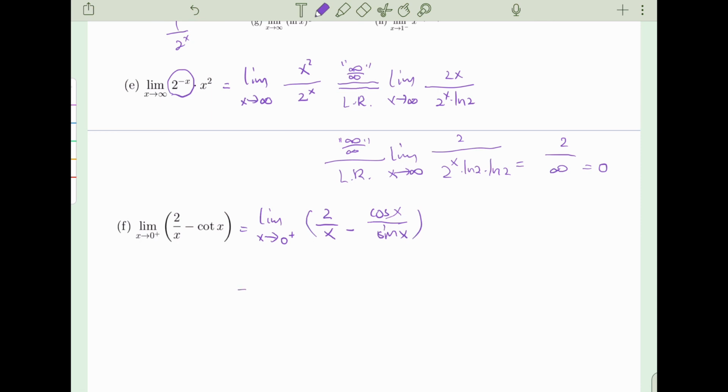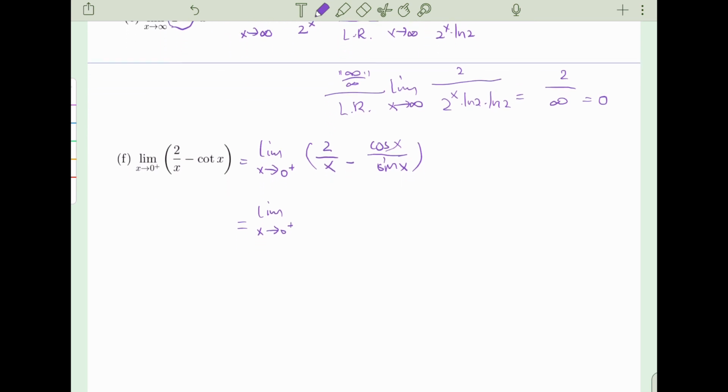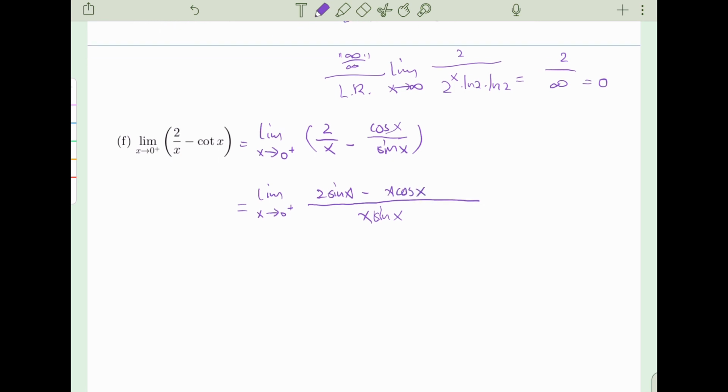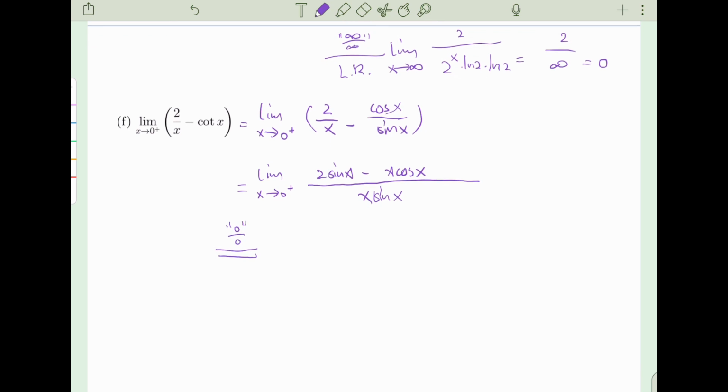And then I combine these two fractions by choosing a common denominator. So you can say cross multiply these things. So this is 2 times sine of x, and this is x times cos x, right? So it's a fraction right now, and I plug in 0, and I see that both the top and the bottom are going to 0. So this is a 0 over 0 type, and the L'Hopital rule applies.